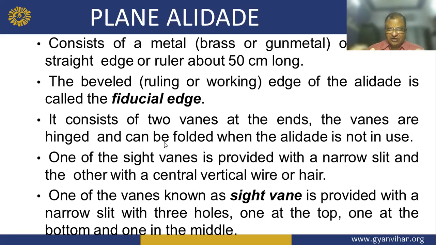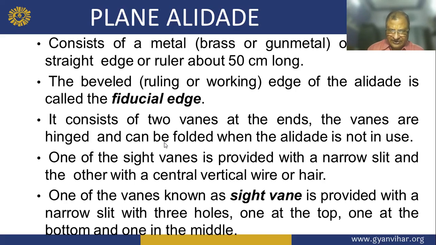It consists of a straight edge ruler of metal, brass, gunmetal or boxwood, about 50 centimeters long. The working edge of the alidade is called the fiducial edge, and it consists of two vanes at the ends. The vanes are upright and can be folded when the alidade is not in use.